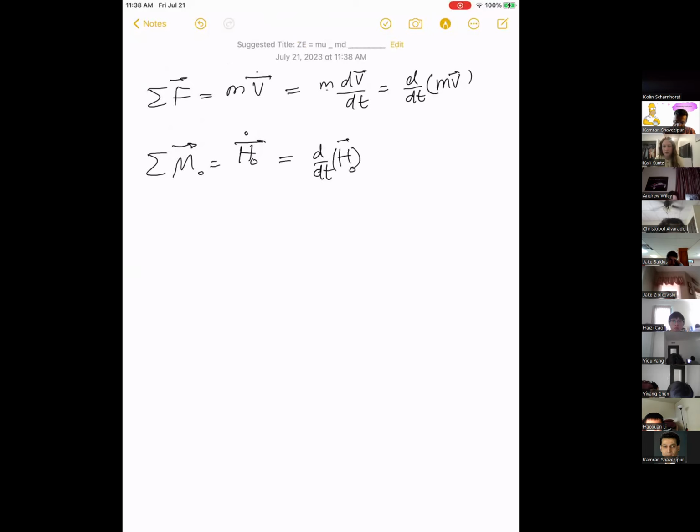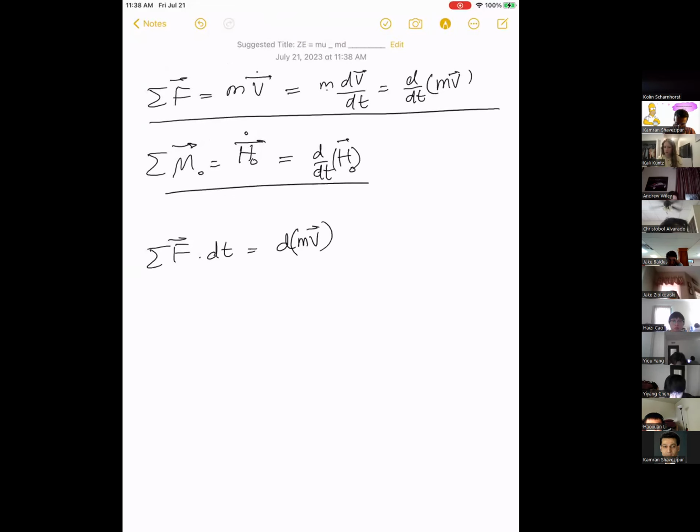Now, if I multiply this by dt, you're going to get the summation of forces dt equals d(mv), and here you're going to get the summation of moments about O dt. It's going to be dH about O, right?